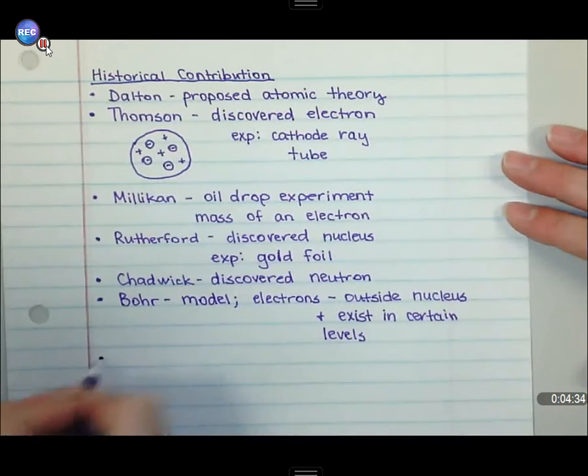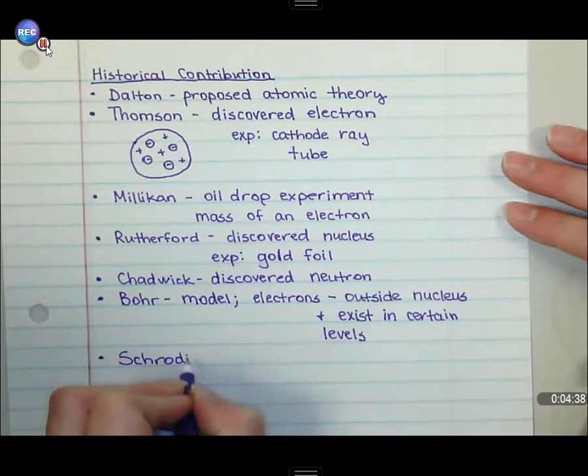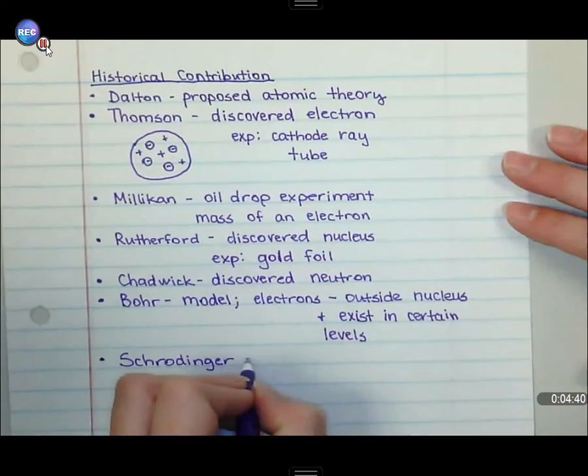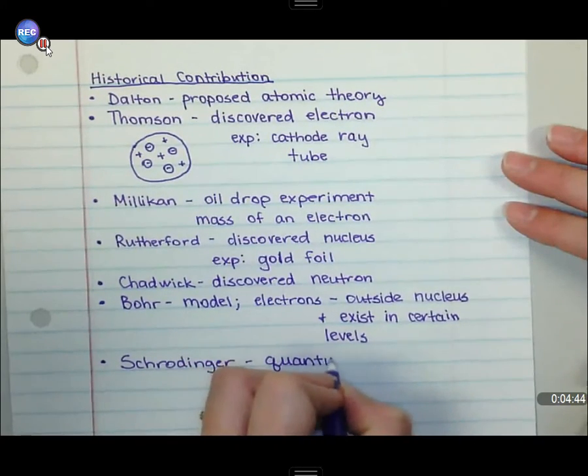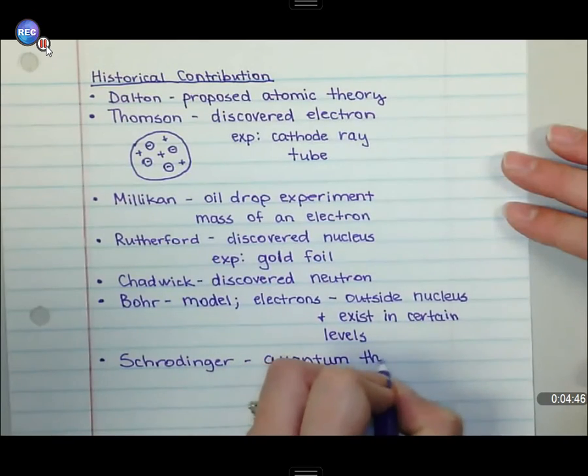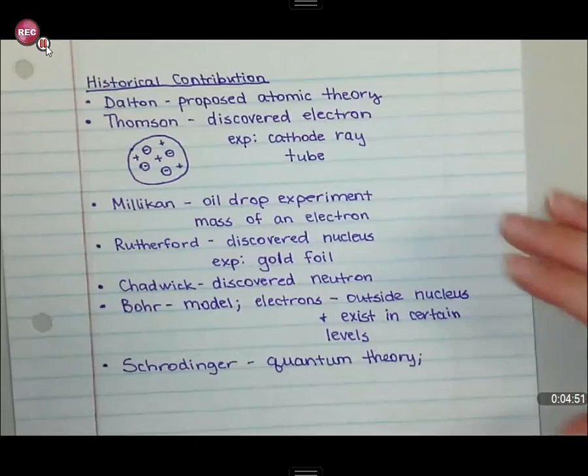And then last but not least, we had Schrodinger. He came up with the quantum theory, the fancy pants theory. And this says that our electrons are in orbit.